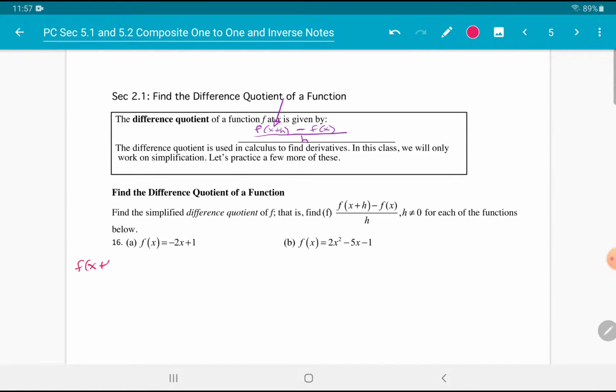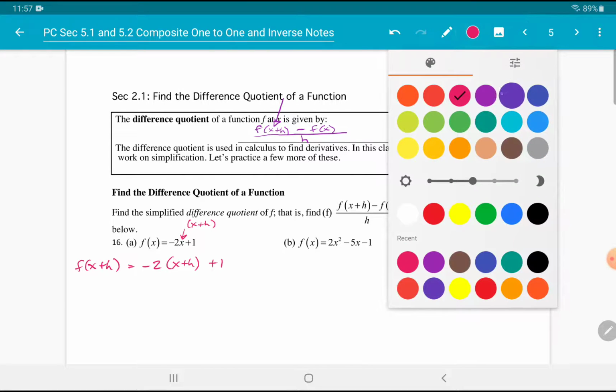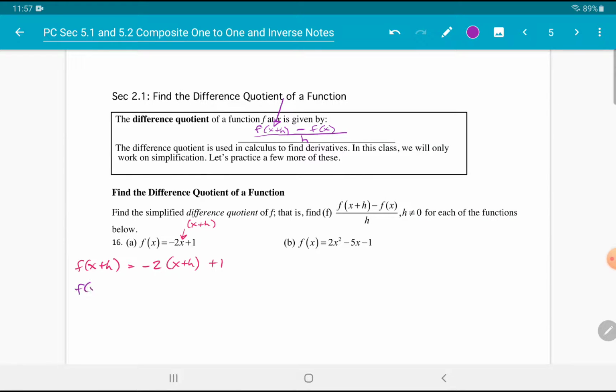So my f of x plus h, if I put x plus h into my function, then that must mean wherever I see x, I have to put in x plus h. So f of x plus h is going to equal negative 2 times x plus h plus 1. Okay? And then I also have my normal f of x, which is just negative 2x plus 1.